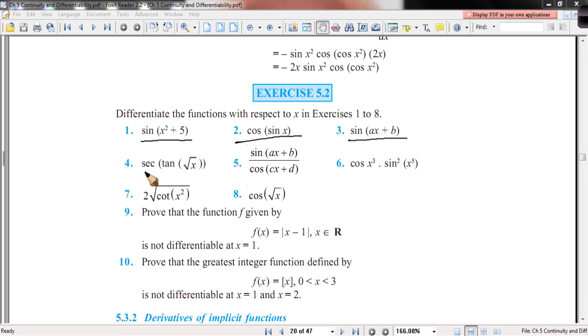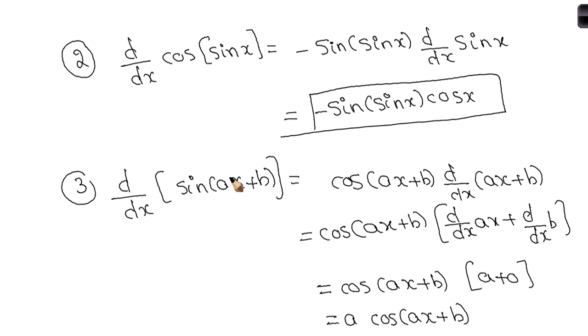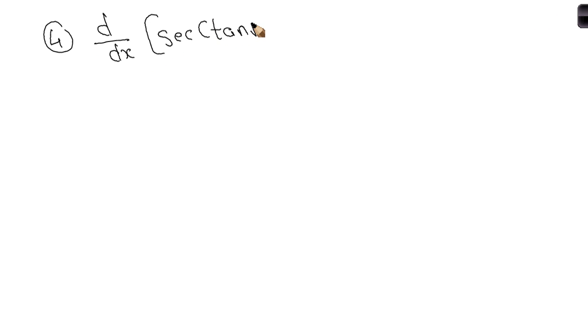Now see the fourth question. Find the derivative of secant of tan of root x. Fourth question. Find the derivative of secant of tan of root x. Good. What is the derivative of secant x?